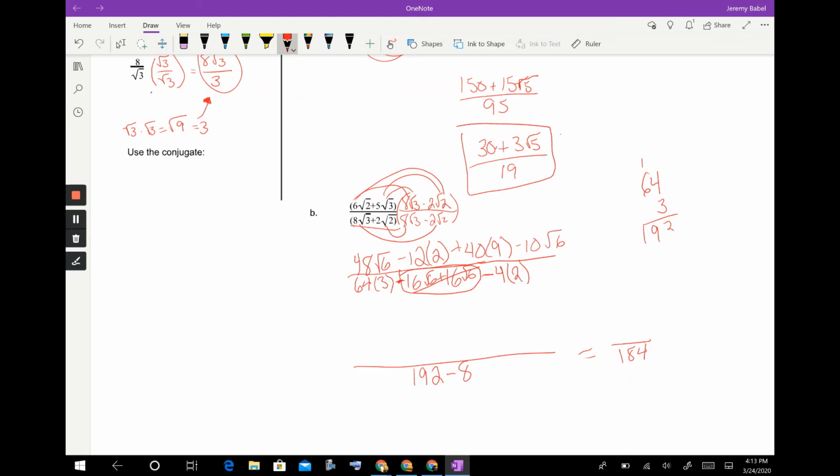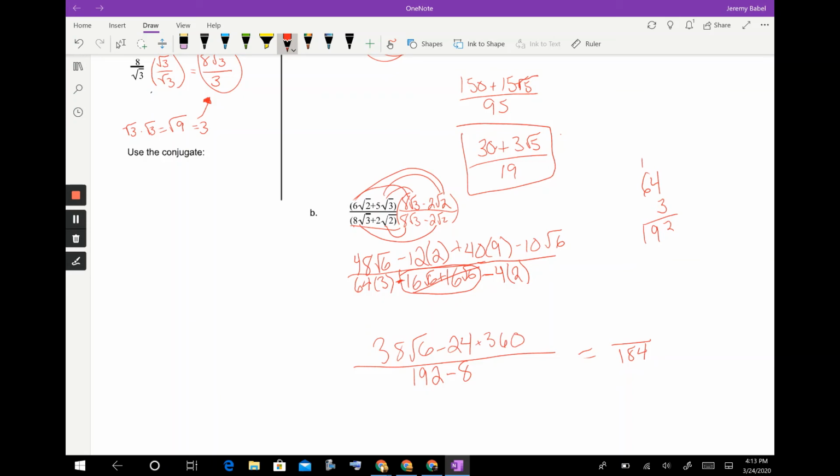And now we're going to look to combine some like terms and do some simplifying. 48 root 6 minus 10 root 6 is 38 root 6. Minus 12 times 2, that's minus 24. And then 40 times 3 is 120, so plus 120.